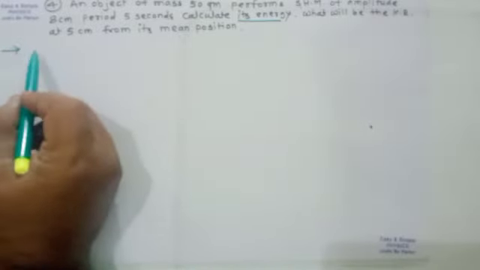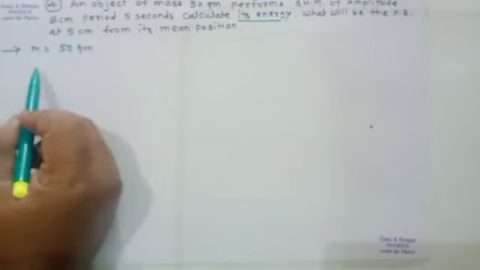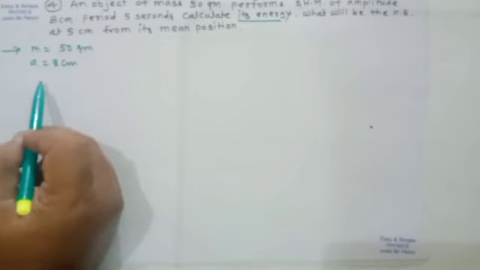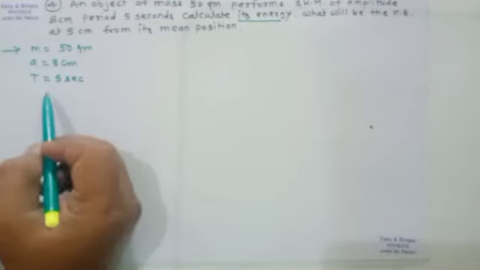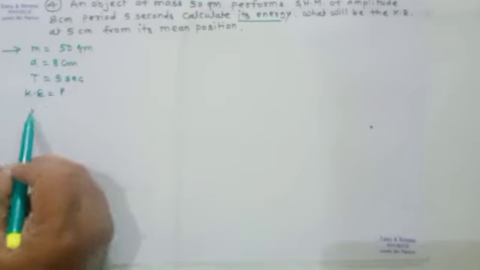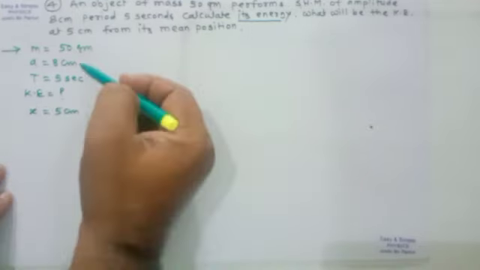So data will be: mass is given as 50 gram, amplitude is given as 8 cm, period is given as 5 seconds. Kinetic energy will be calculated if x is given as 5 cm. All terms are in the CGS system.